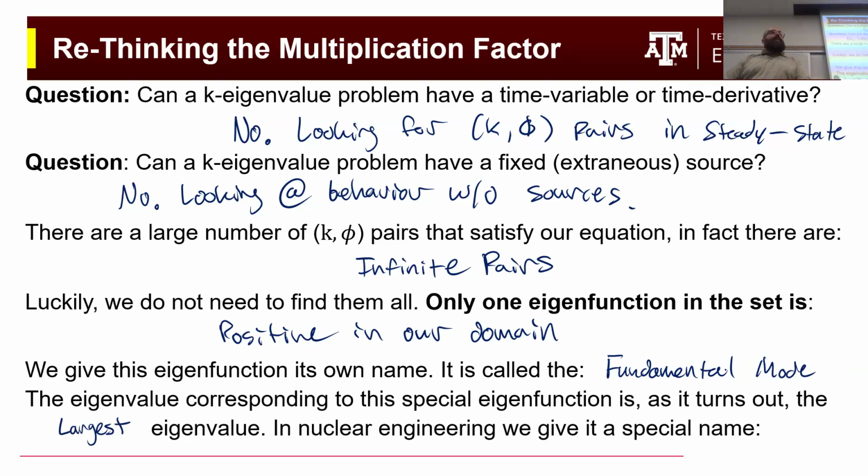We give that largest eigenvalue a name, and we call it k effective. So that's where our effective multiplication factor comes from. It's representing the largest eigenvalue that corresponds to our fundamental mode for our reactor.